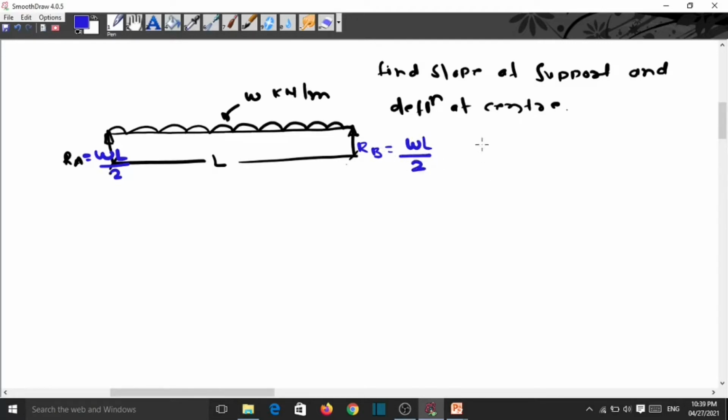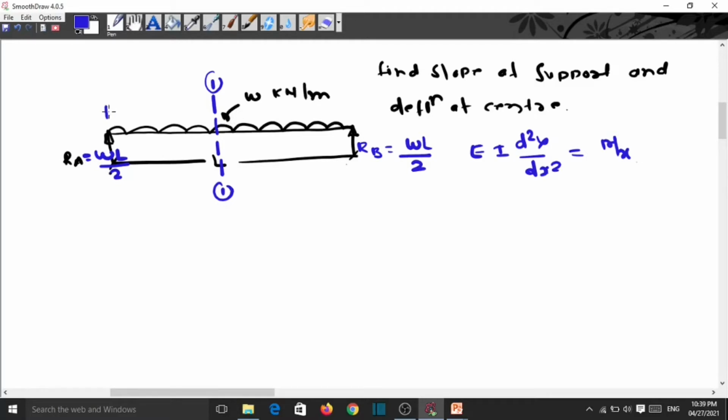By the differential equation of the elastic curve, EI d2y by dx square is equal to Mx, the bending moment of the beam. So here we have to make the section. There is only one section, because there is no change of the load beyond the one section.